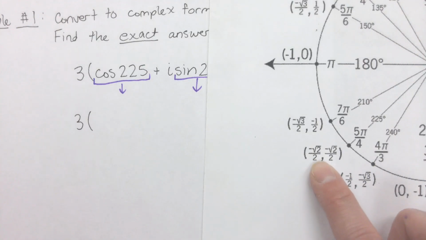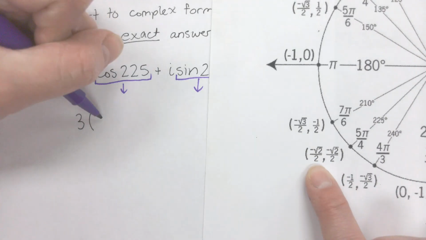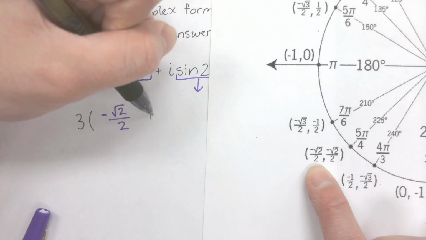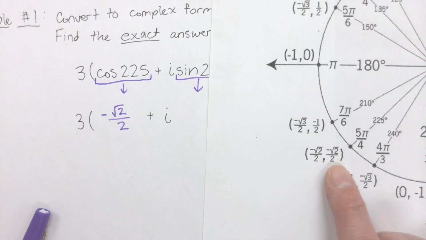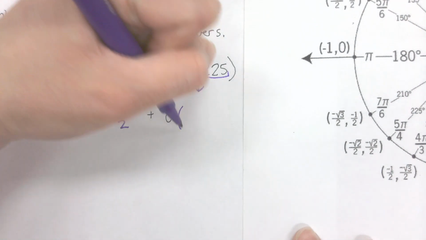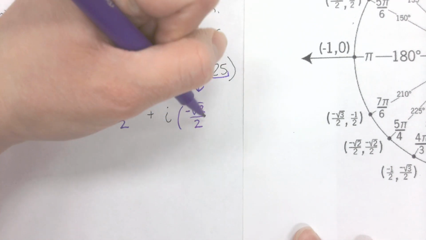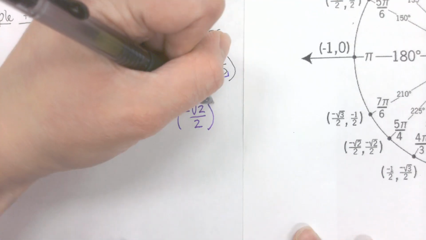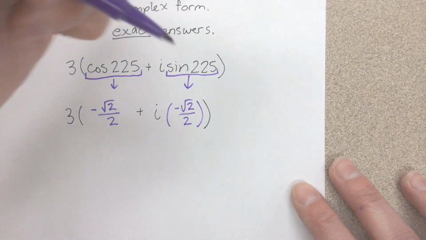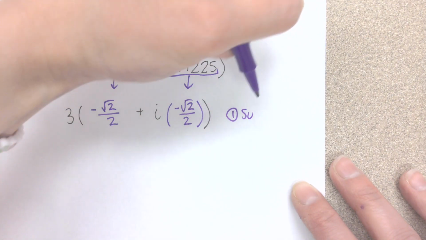At 225, the x value is negative rad 2 over 2. Plus I, and sine is also the same value at 225, negative rad 2 over 2. So that was step 1, substitute.